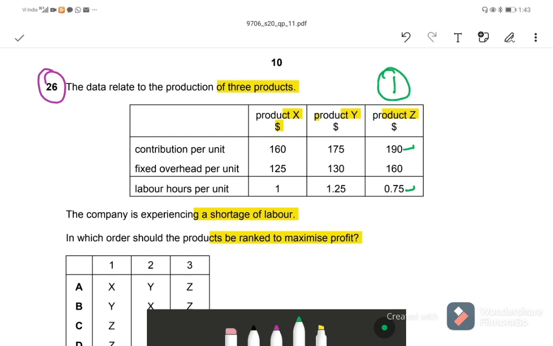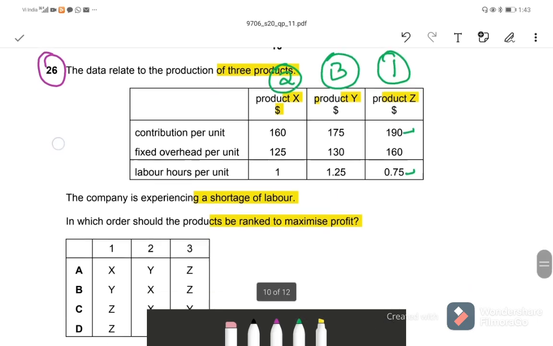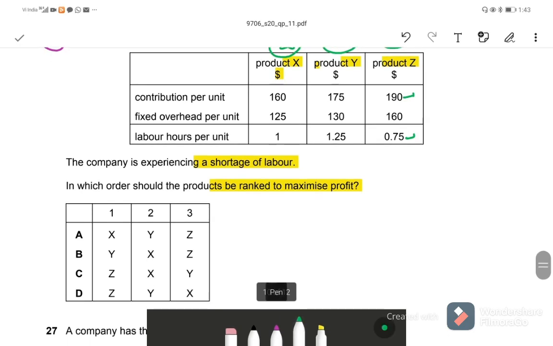This is more than product X. But the labor hours required is more: product X requires only 1 labor hour, while product Y requires 1.25. So we give the second rank to product X and the third rank goes to product Y. So the sequence is ZXY. The correct answer is ZXY, C.